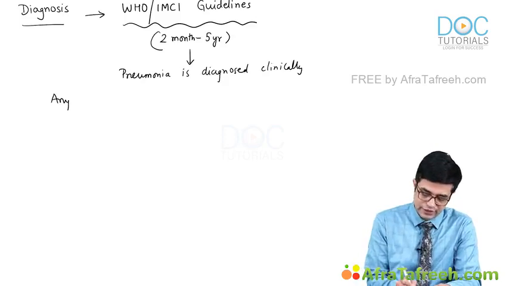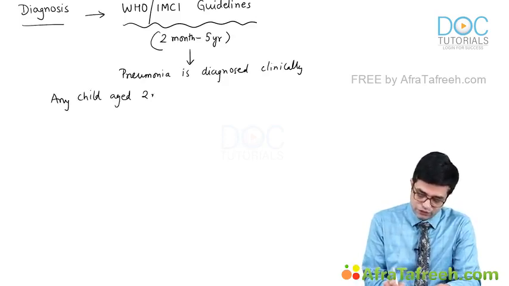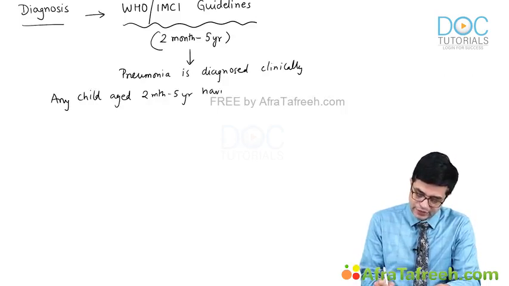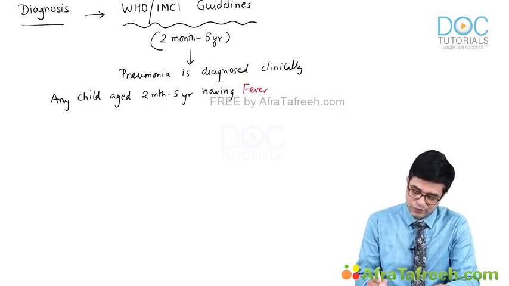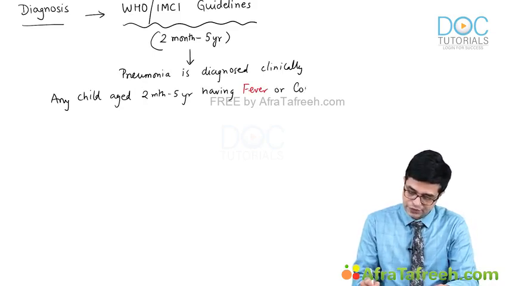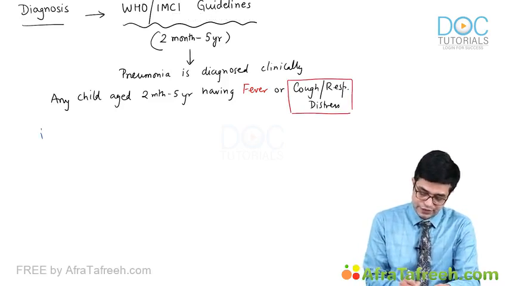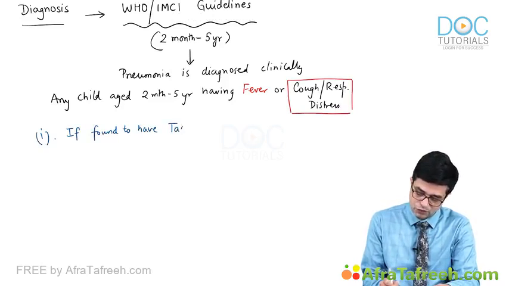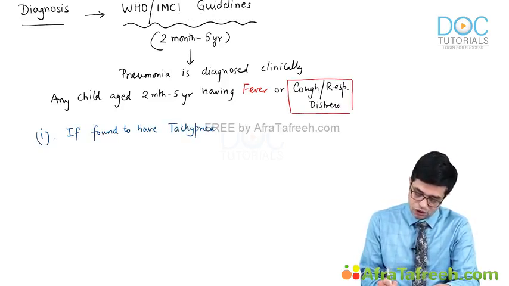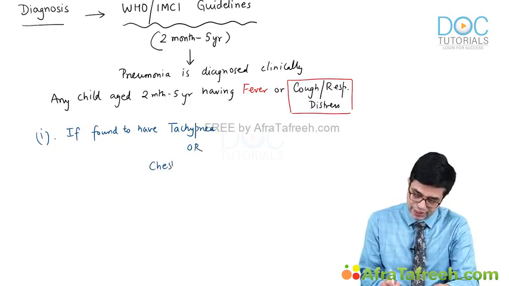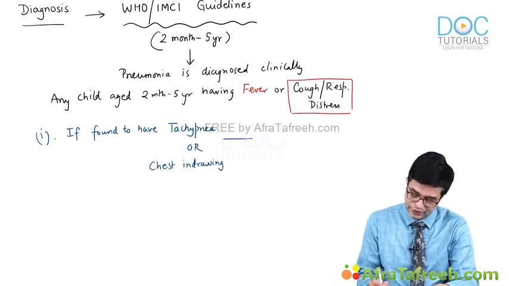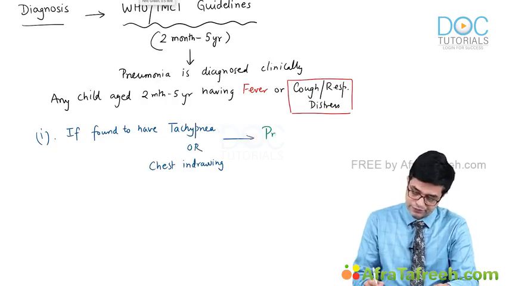So, any child aged 2 months to 5 years having either fever or cough or respiratory distress, either a febrile illness or a respiratory feature, if found to have either tachypnea, what is tachypnea? Rapid breathing, or chest indrawing, either of the two, the child is labeled as pneumonia.